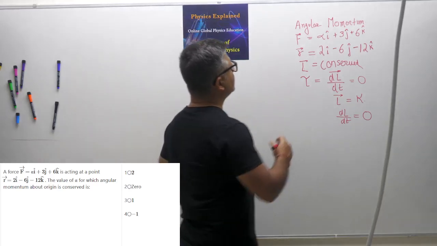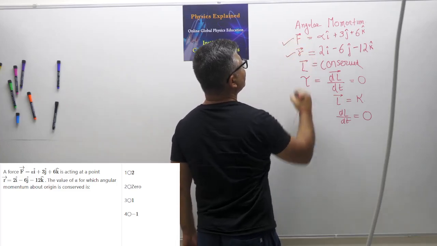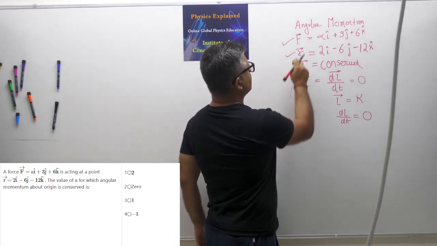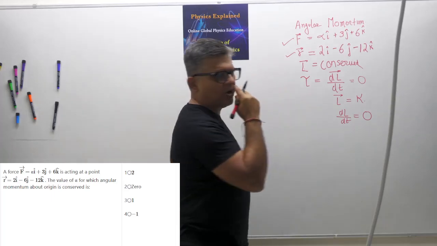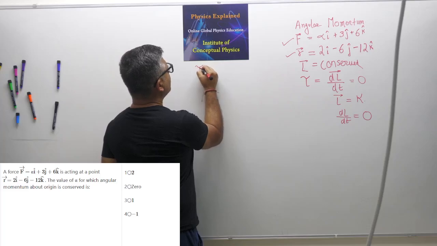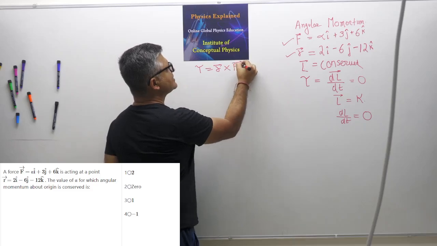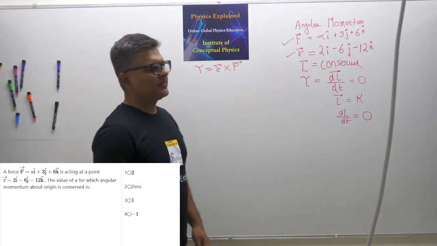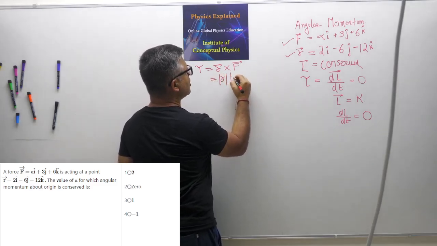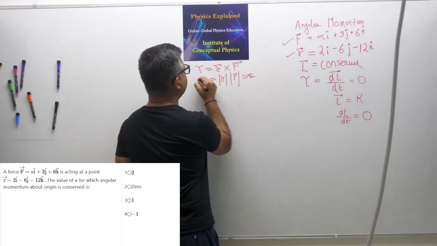So let's talk about the angular momentum and how it relates to F and R. Now we know L is constant and the torque is 0, but we are given F and R. Now how do I link these two? Remember, torque is given by R cross F. This is the vector product. You can rewrite this as modulus of R, modulus of F, and sine theta, which is the angle between them.